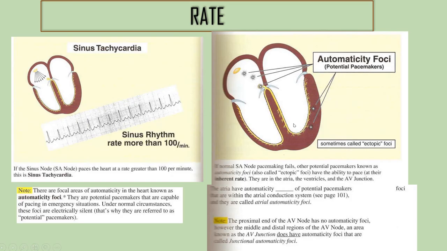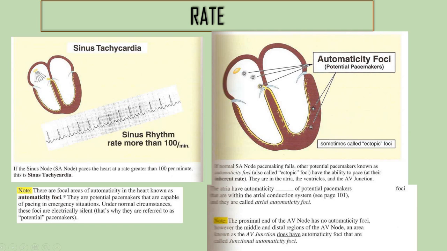If normal SA node pacemaking fails, other potential pacemakers known as automaticity foci, also called ectopic foci, have the ability to pace at their inherent rate.